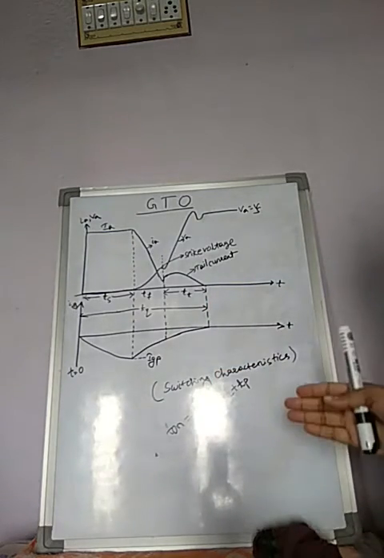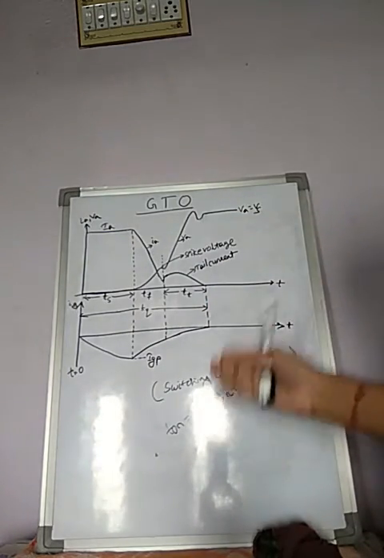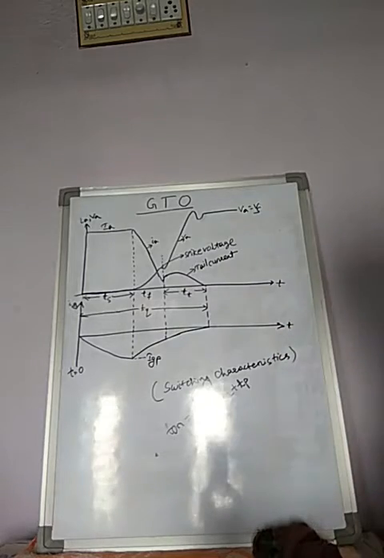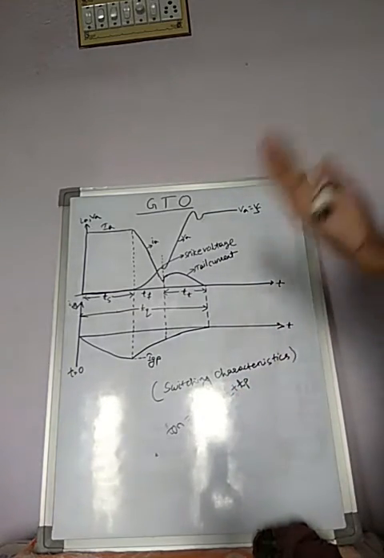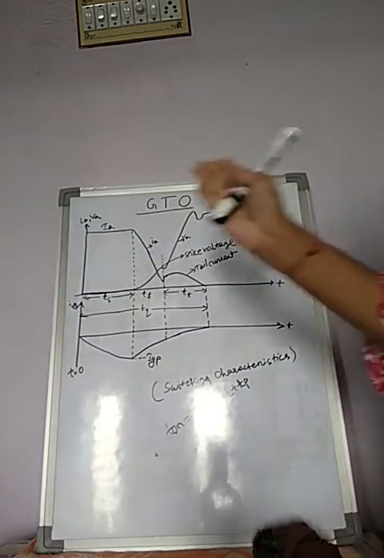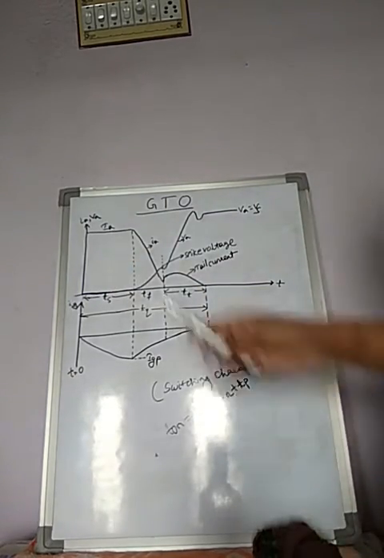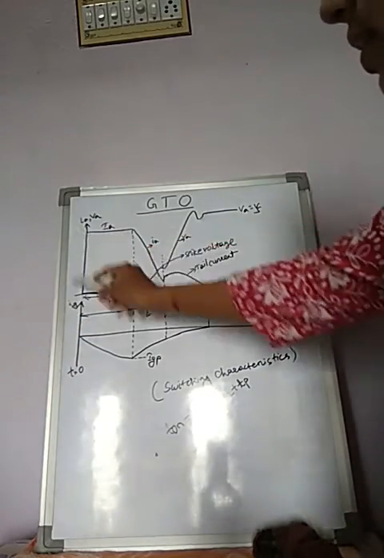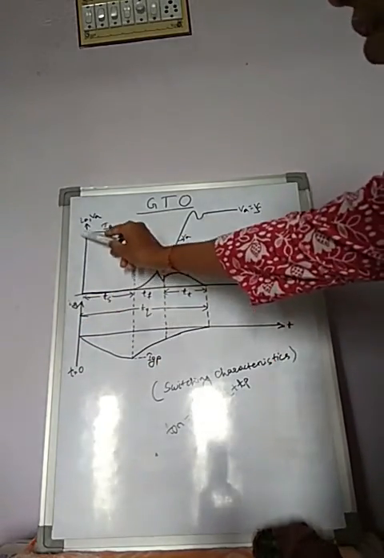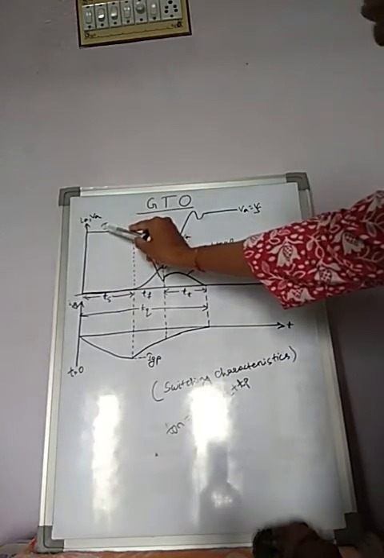Before initiating the turn off process, the GTO is in on state. If the GTO is in on state, that means current rises rapidly and voltage decreases to the minimum value. Here at t equal to 0, IA is maximum, and the IA value is capital IA.